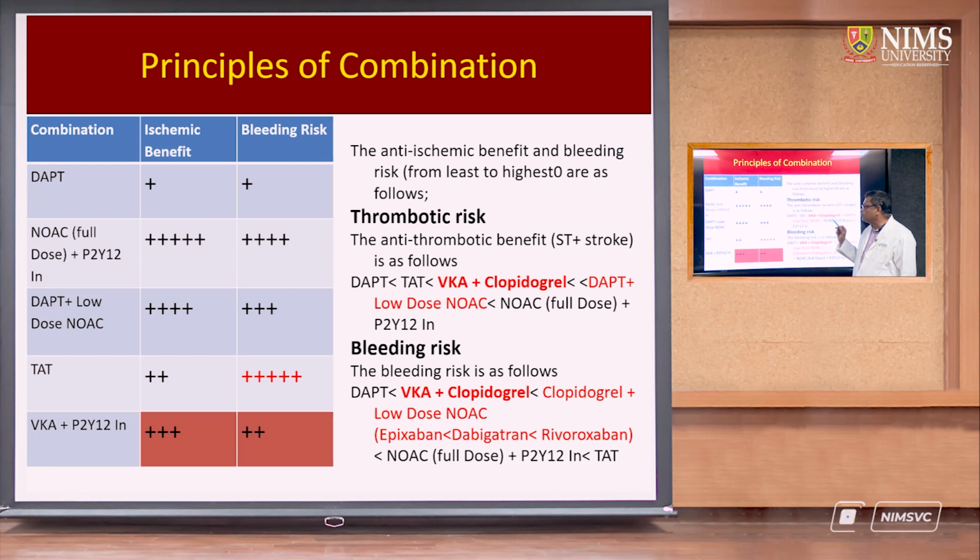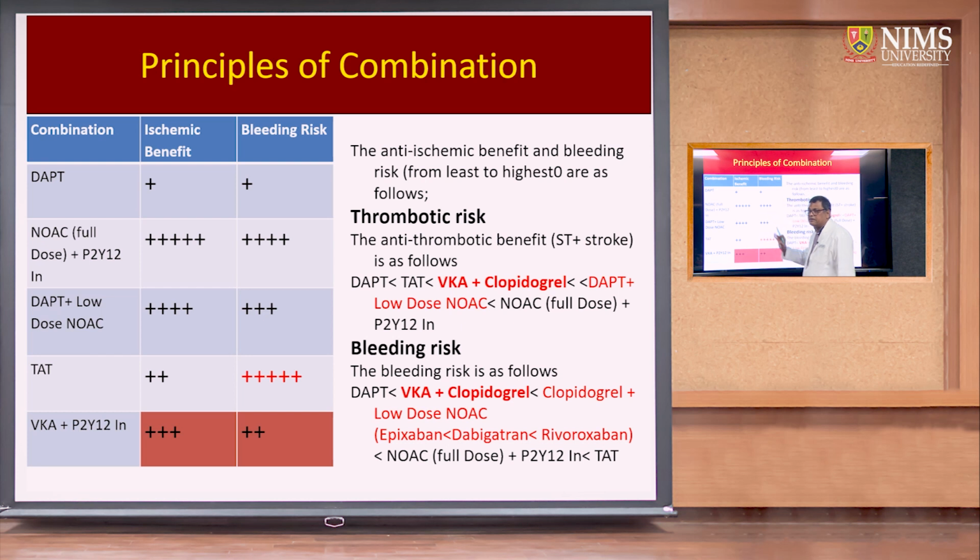But as I said, you can use vitamin K antagonist with one P2Y12 inhibitor. And which one do you choose? Always clopidogrel, because if you use anything else, then bleeding risk will increase. So, either you can use vitamin K antagonist with clopidogrel, or you could use any NOAC, especially low dose NOAC, with clopidogrel.